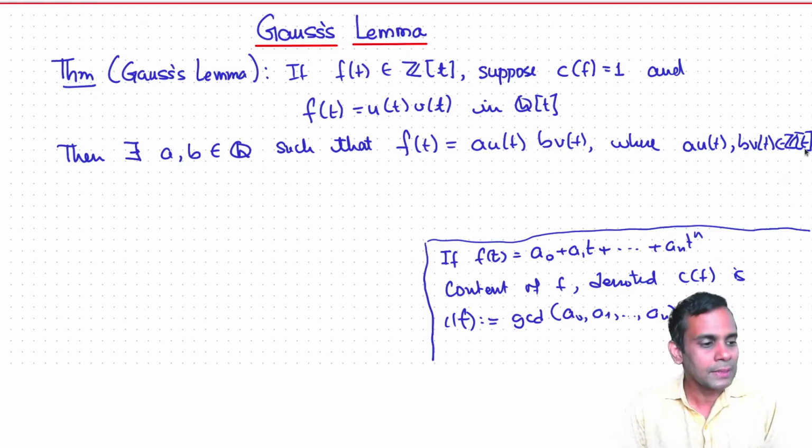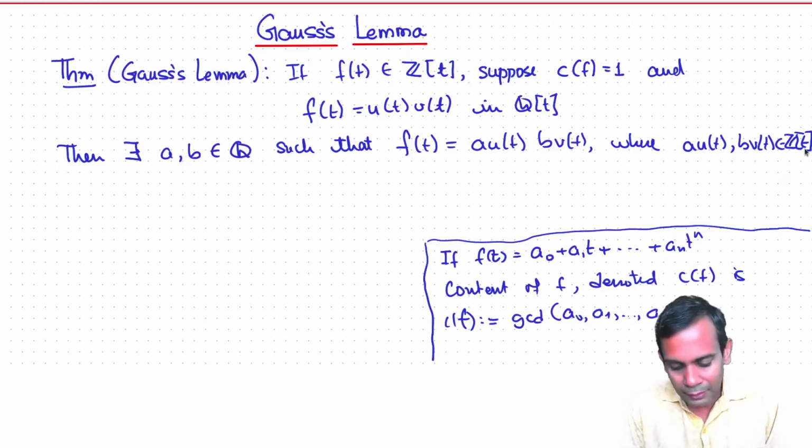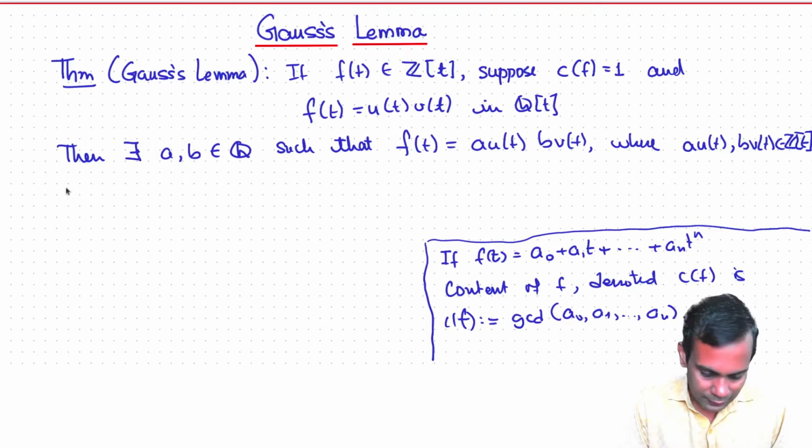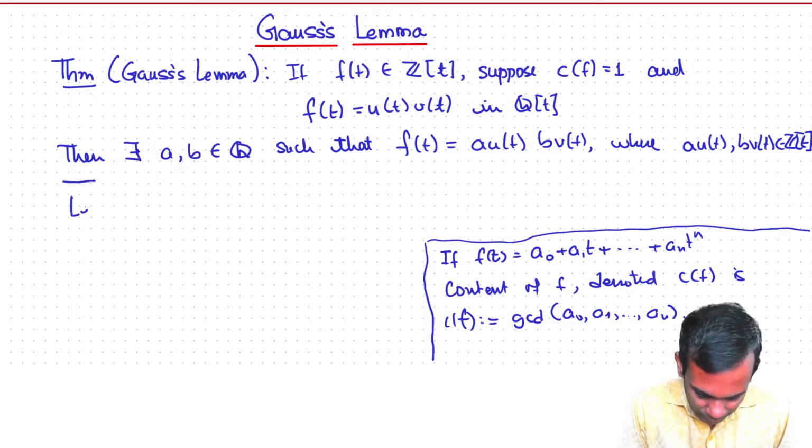And the proof of this theorem, Gauss's lemma, uses another lemma which is also due to Gauss, which says that content is multiplicative. So the proof uses the following lemma.